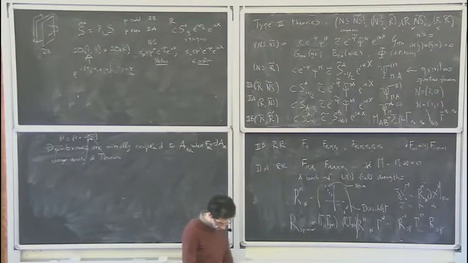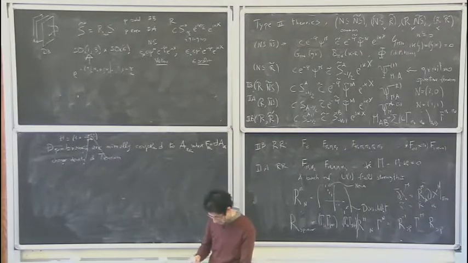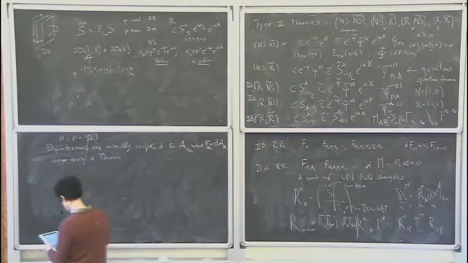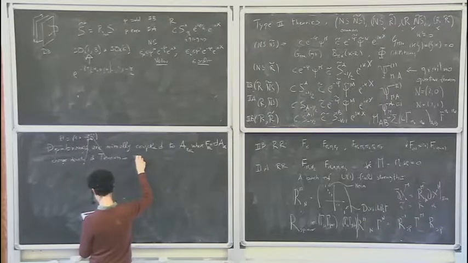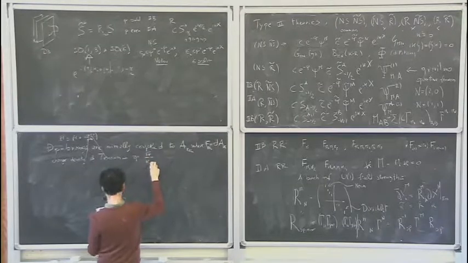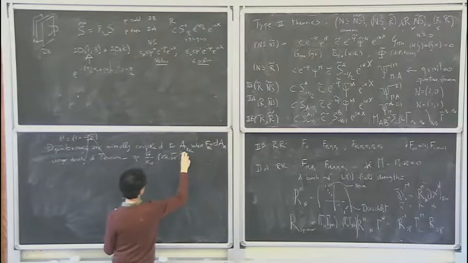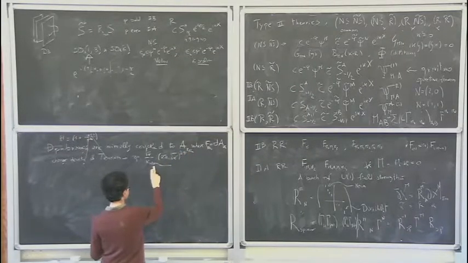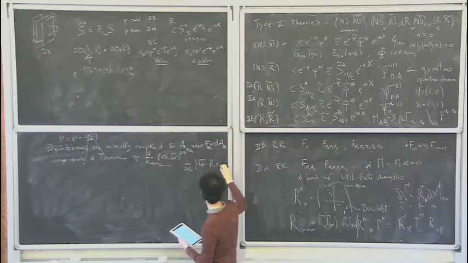So let me write the result of that, because that's an important result, and it gives you a flavor of how it looks. So the tension, let me call it T_p, is equal to root pi over kappa_10 times (2 pi root alpha prime) to the 3 minus p, where kappa_10 is related to the Newton constant, so it's just 1 over 2 kappa_10 squared times the square root of g R plus dot dot dot.